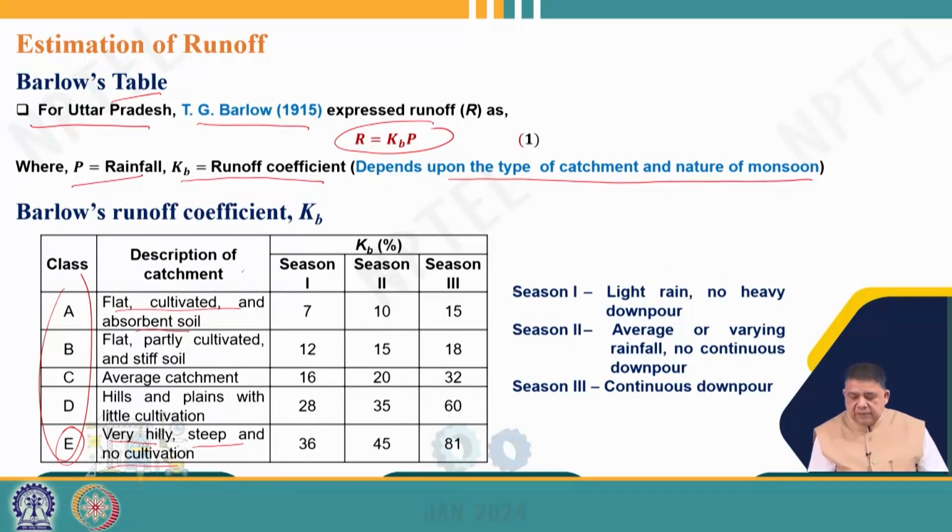He also divided the season into three components: season 1, where the rain is light and there is no heavy downpour, and season 3, which has continuous downpour. Depending upon which catchment and which season you are talking about, for example, for an average catchment in season 1, 16% of the precipitation will get converted into runoff, whereas in season 3, where there is continuous downpour, 32% of the rainfall will get converted into runoff. This is only applicable for Uttar Pradesh.